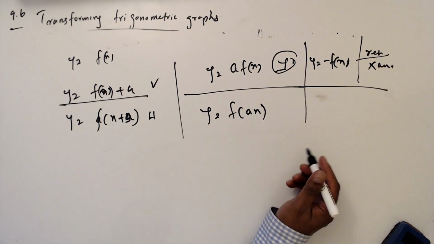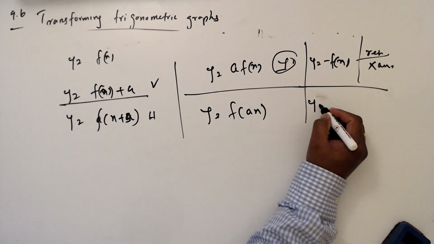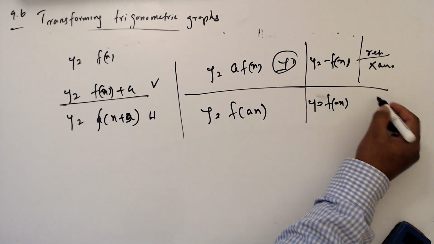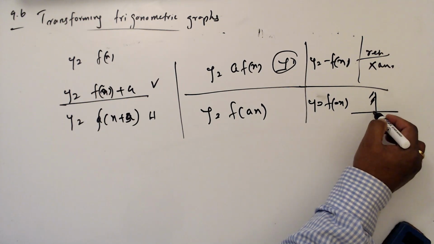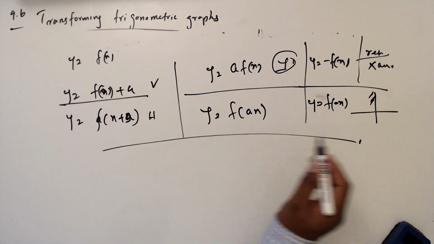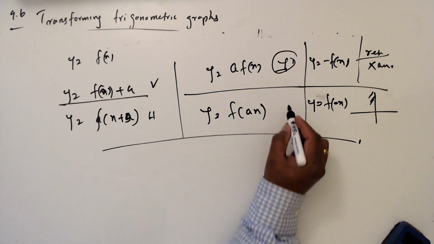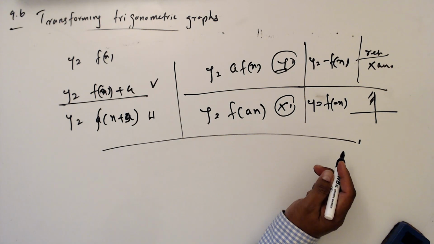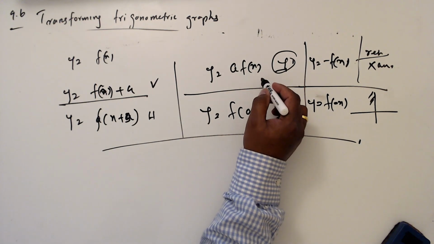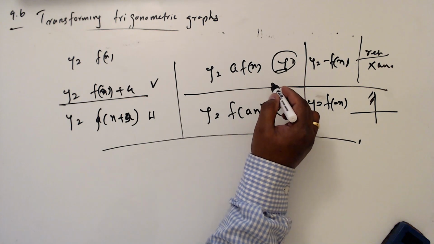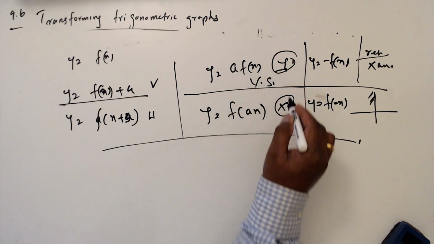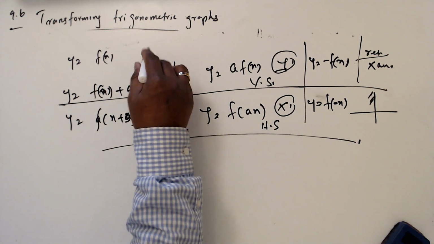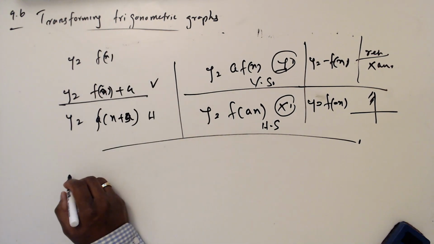And yes, if you see y equals f of minus x, it means it is a reflection in the y-axis. So this affects y, and this affects x values, not y values. This is a vertical stretch. This is a horizontal stretch. This is a vertical movement. This is a horizontal movement.